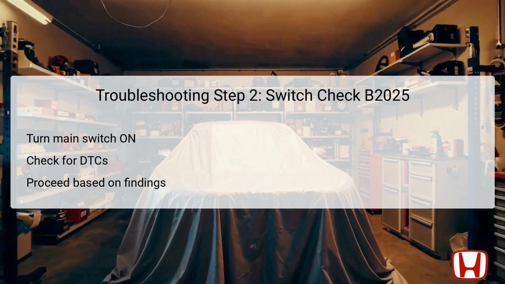If the code reappears, this indicates an ongoing issue that requires more investigation. If no code is shown, it's likely an intermittent issue, which often points to a temporary fault or connection issue. This step helps clarify the state of the system.